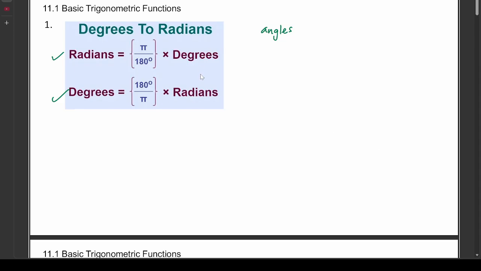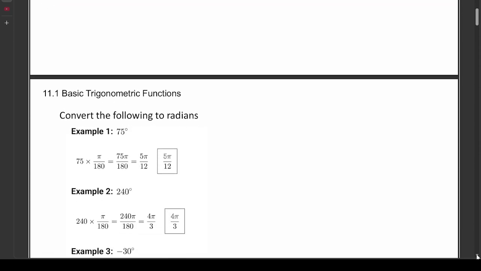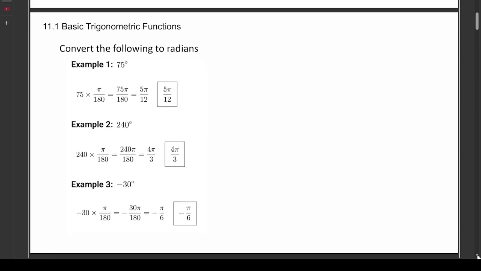Now, because you have two different units, you need to know how to convert radians to degree and degree to radians. So we look at examples, just one example each so that you know how to convert.